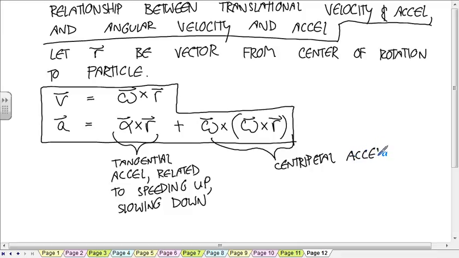That's the one that you can think of as defining the circular or spherical motion, or maintaining the circular or spherical motion.